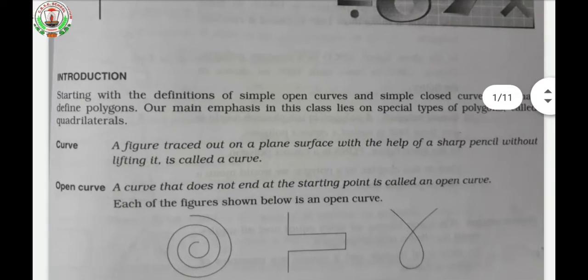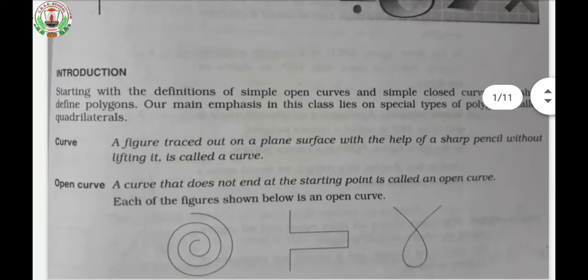So here is the first question. Curve. A figure traced out on a plane surface with the help of a sharp pencil without lifting it is called a curve. So in the video also I had explained you what do you mean by curve. When we point a sharp pencil or a pen point on the plane surface and rotate our hand, or I can say with the free movement of a hand, a curve is formed.